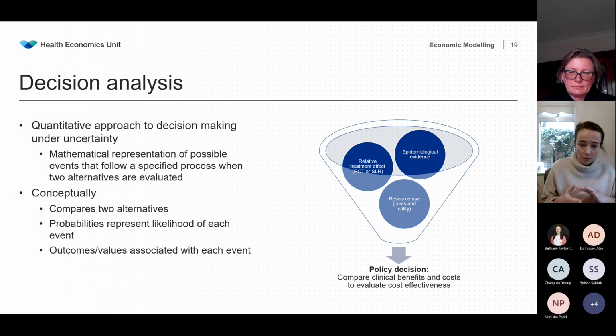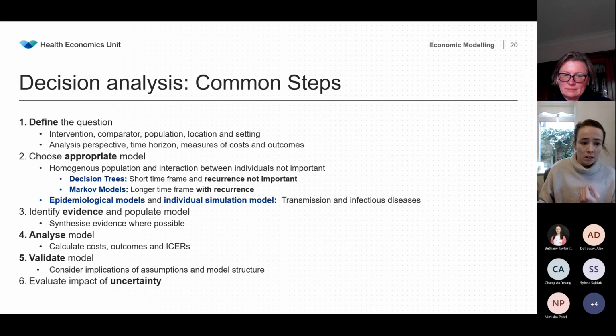In decision analyses, we're always comparing two alternatives, and the probabilities and likelihood of each event and those associated outcomes and values are modeled. And the purpose is to then inform a policy decision where you're comparing clinical benefits and costs to evaluate something like cost effectiveness. But remember, it's not an answer, it's a model to be used to help develop an informed decision.